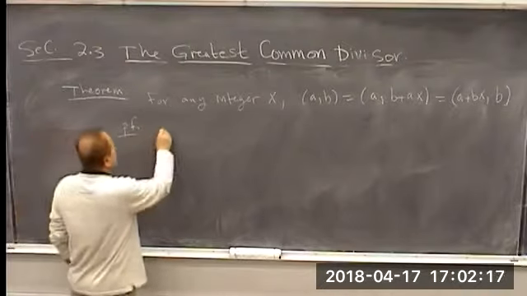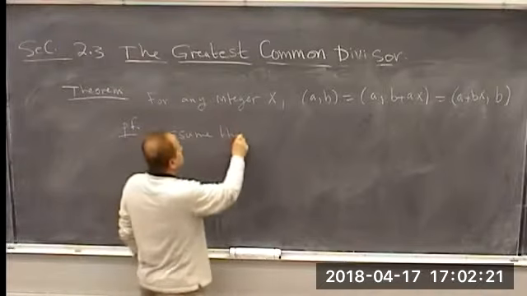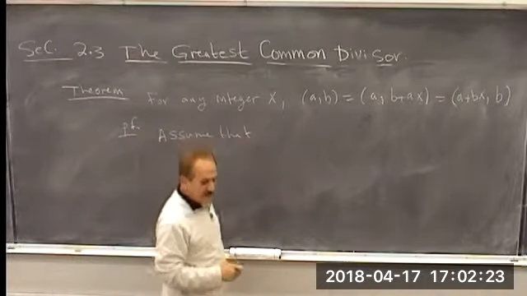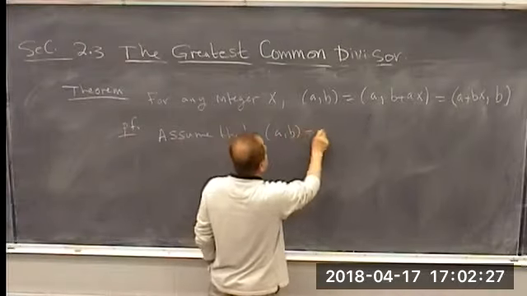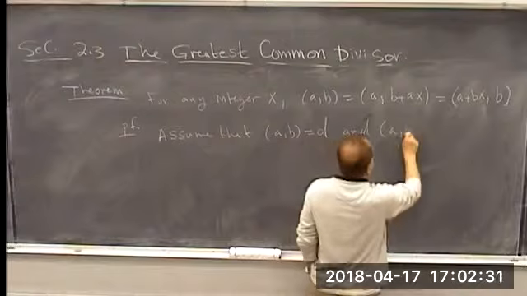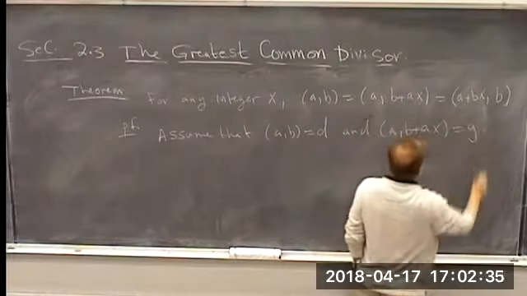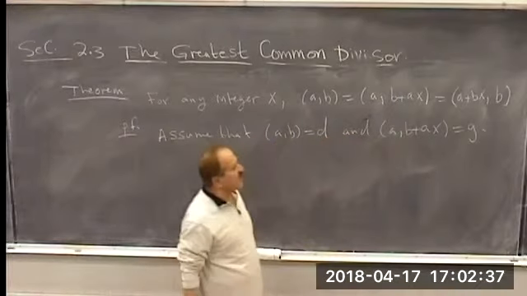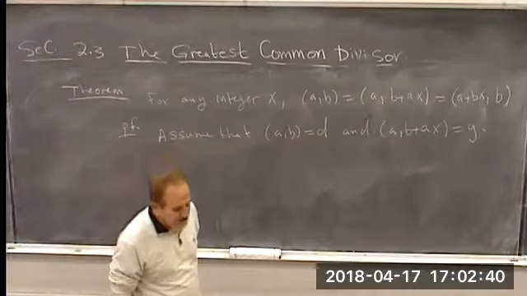So let's assume that we have two different. That the gcd of A and B is equal to D, and the other side is equal to G. And our objective is to show that D is equal to G. All right, now let's start with this one.